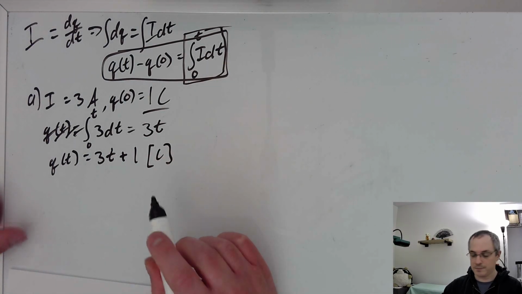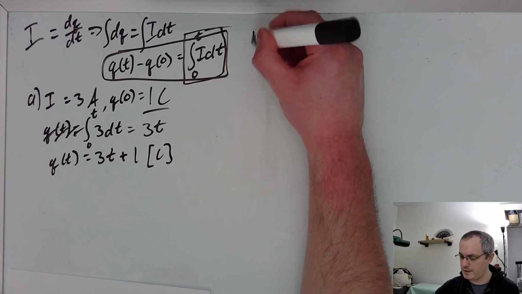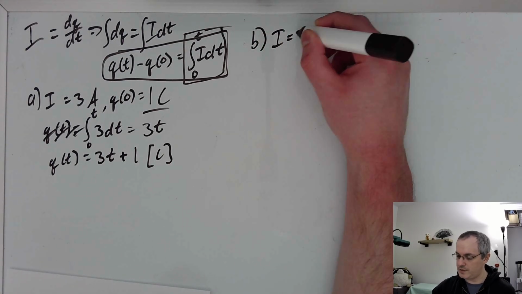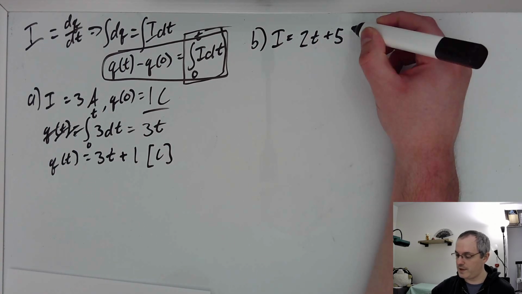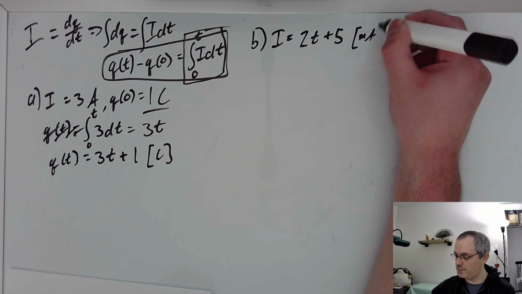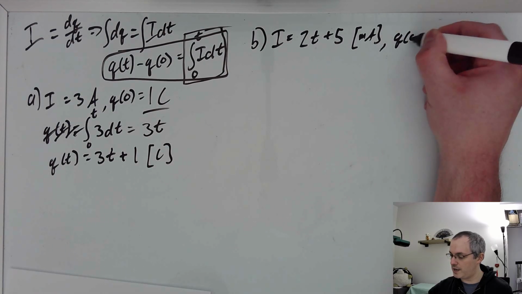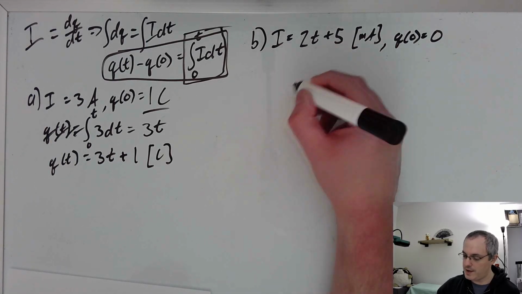So there's that. Let's do B over here. So I, the current, is equal to 2t plus 5, and that is milliamps. And then the charge at 0 is big fat 0. Right on.